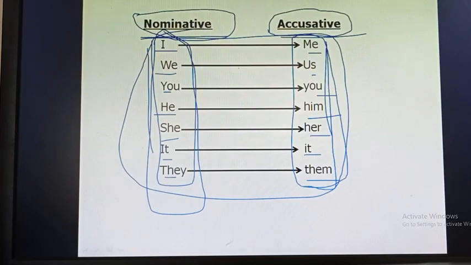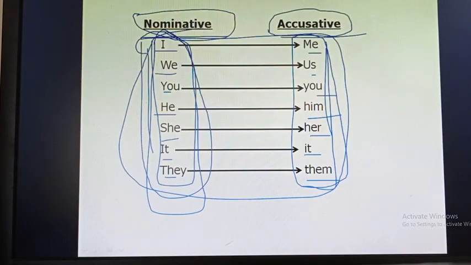It means that on the left side, I, we, you, he, she, it, they, these pronouns are used as subjects. They perform the action, they do the action.